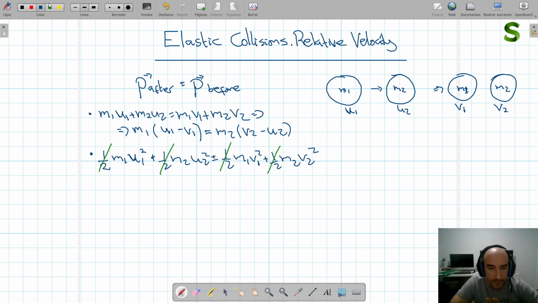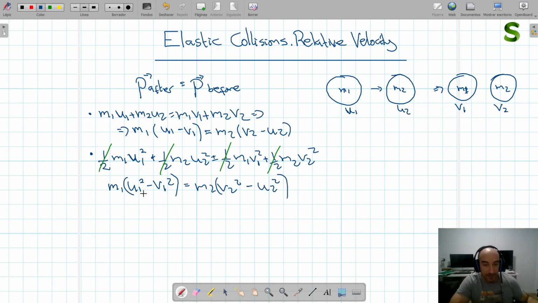And then we can do m1 (u1 squared minus v1 squared), and I'm doing the same thing as I did before, equals m2 (v2 squared minus u2 squared).